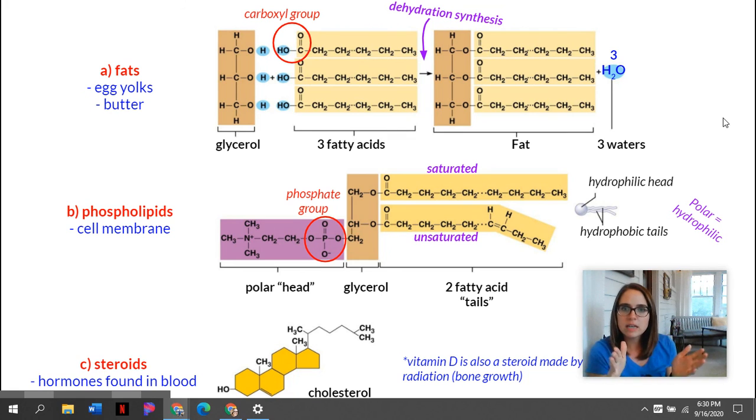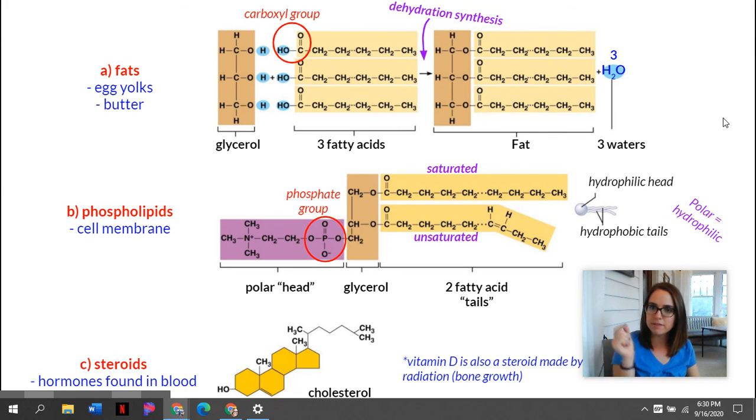And then I want you to look at these molecules here. What molecules do you see abundantly? Carbon and hydrogen, tons of them. I mean, these chains of lipids are long. And so there's tons of carbon and hydrogens and like 3 oxygens. So very, very little oxygen, but there is still some.